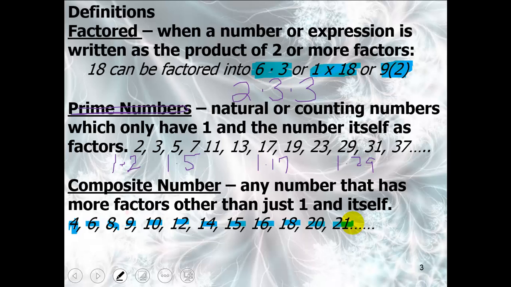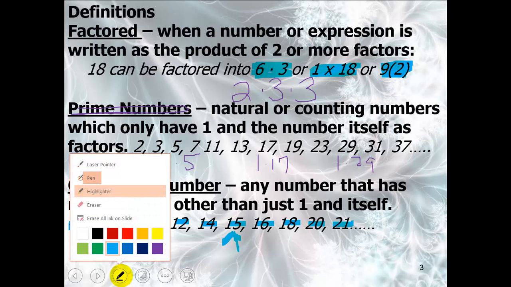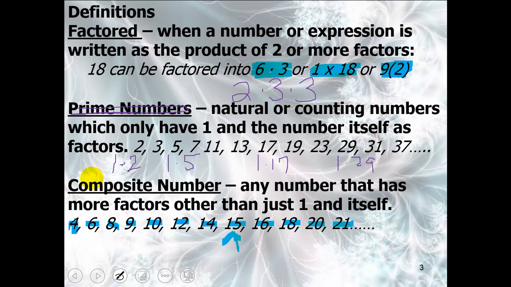Now notice that a lot of the prime numbers are odd, but not every one of them. And there are some missing odd numbers. So just because you have an odd number doesn't necessarily mean that it's prime. It could be composite, as in 15, right? So notice with composite numbers, 4 can be written as 1 times 4 or 2 times 2, right?